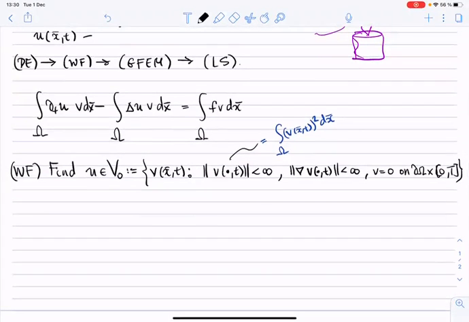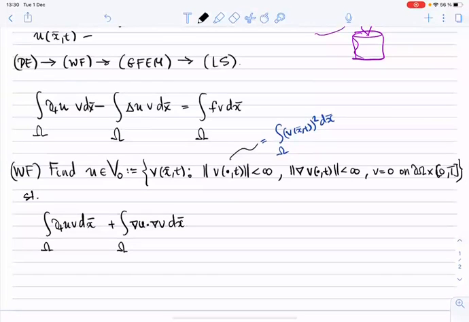So we are going to find u such that the integral of dt u v dx, and here we do integration by parts. The sign changes, so it's going to be plus the integral of grad u grad v dx.